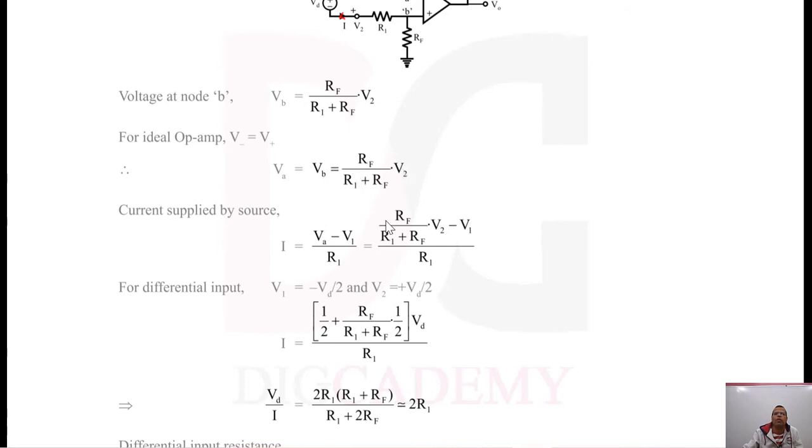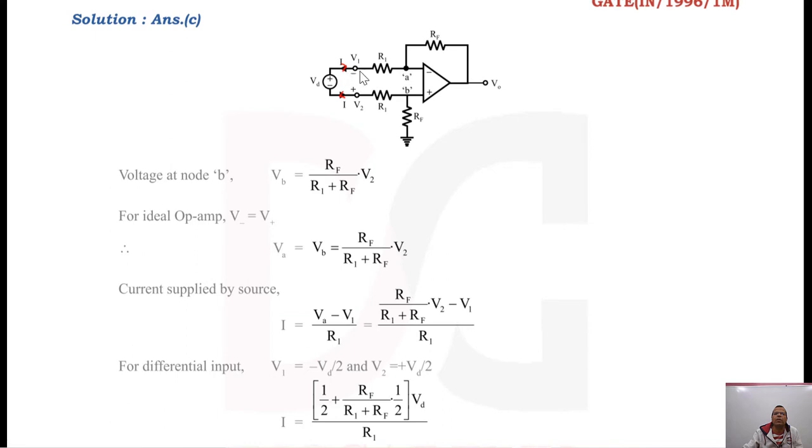Fine. Now what is the current supplied by the source? So here I am taking this as positive, this as negative. So the direction of current I have taken is going away from terminal A. Fine.